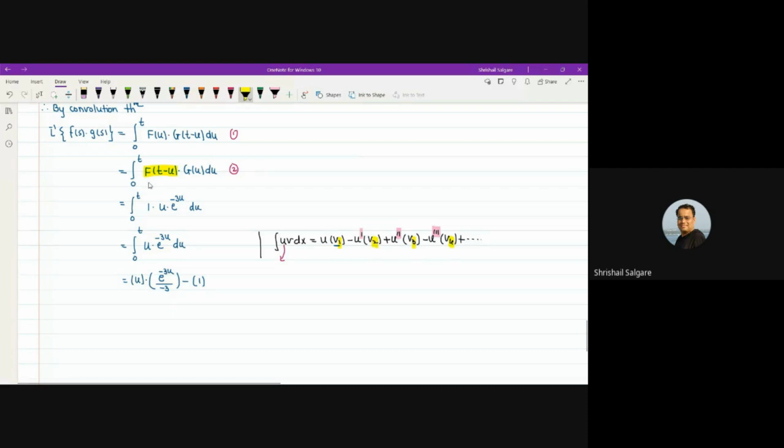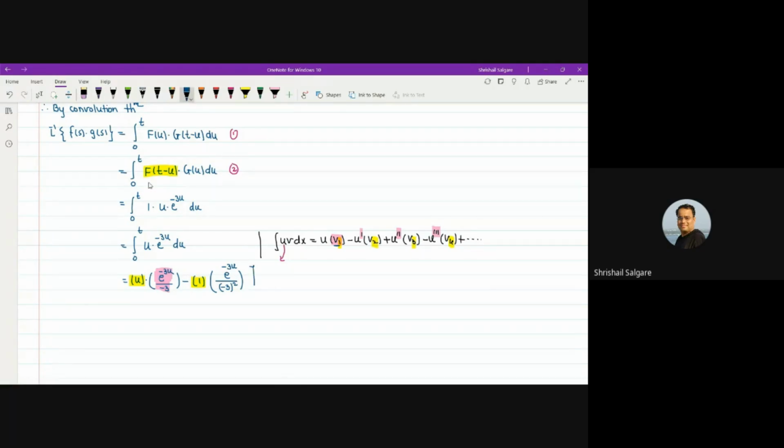That is 1. So again in bracket, integration of this, v2, means integration of v1. So already 1 upon minus 3 is there. Integration of e to the power minus 3u is e to the power minus 3u divided by minus 3, it becomes square. Next term is plus. The derivative of the constant term is 0, so it is not necessary to write the next term.